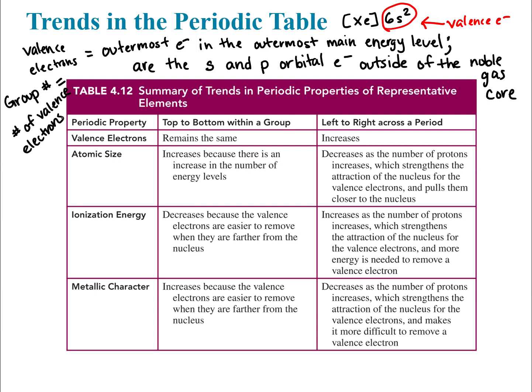The other 3 trends you can read in the table. We've got atomic size, ionization energy, and metallic character. Atomic size, we're talking about how big the atom is, obviously. Ionization energy, we're talking about the energy required to remove an electron.